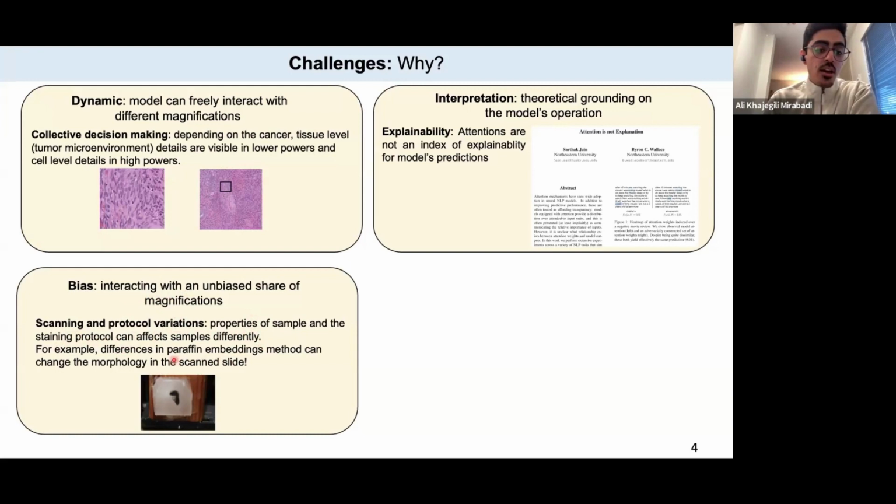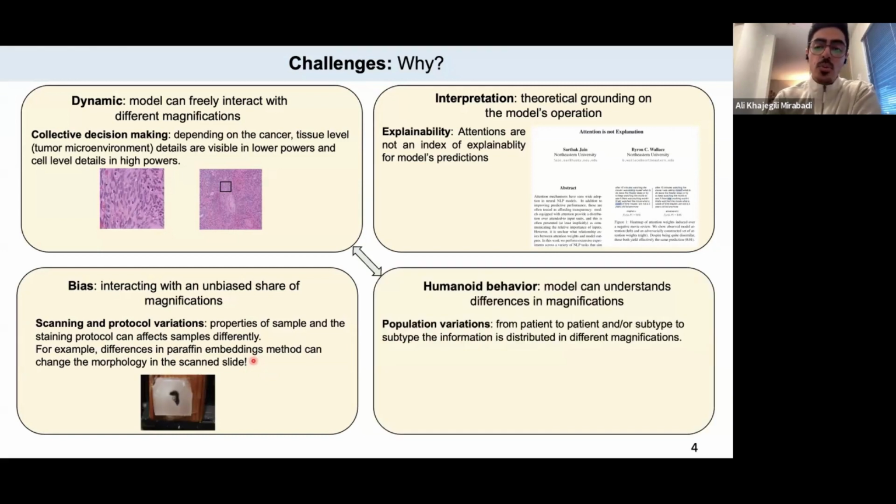For example, paraffin embedding can change the morphology of the scanned slide, or even the time that people put the sample in paraffin embedding can change how it looks under the microscope. So this is a factor that changes two samples in the same center, meaning that one sample can have patterns in a higher magnification that you cannot see in another sample. Maybe you need to change the resolution a bit to see the same pattern even within one subtype.